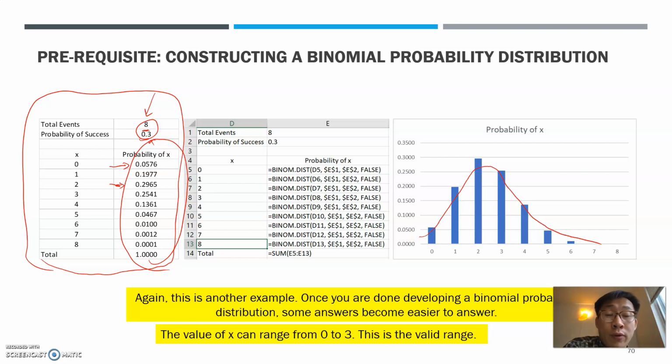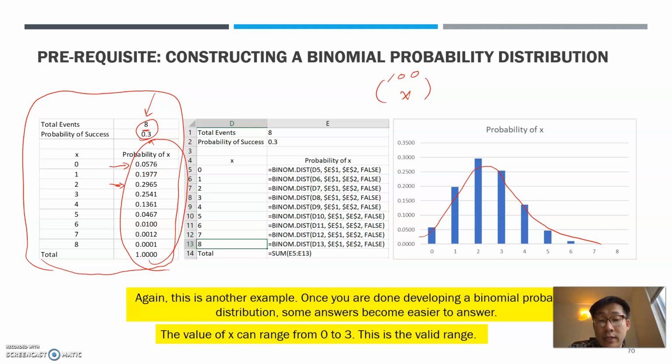When you're considering a huge number of concurrent events, the calculation becomes very difficult. In that case, when n is large enough, we use the normal distribution to estimate the result and outcome.